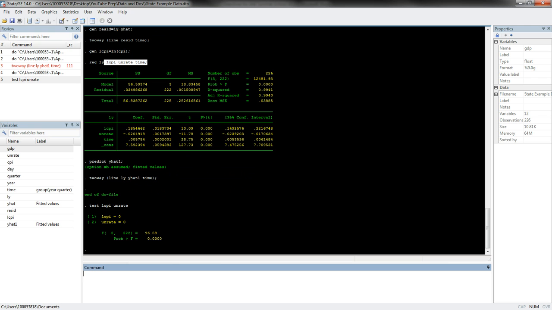And if I test them based on the last regression that I had, again, I have 2 restrictions and 222 degrees of freedom in the unrestricted regression.